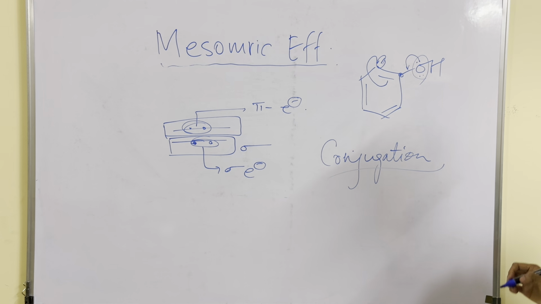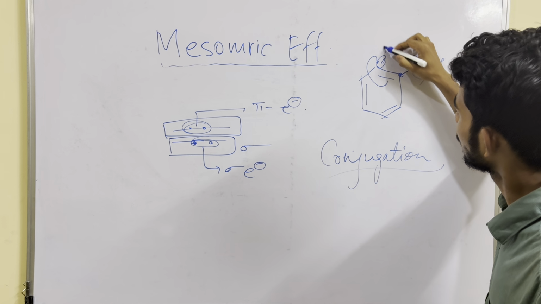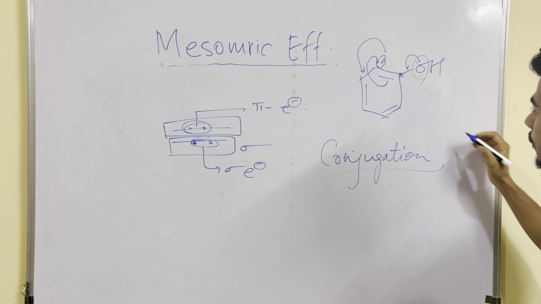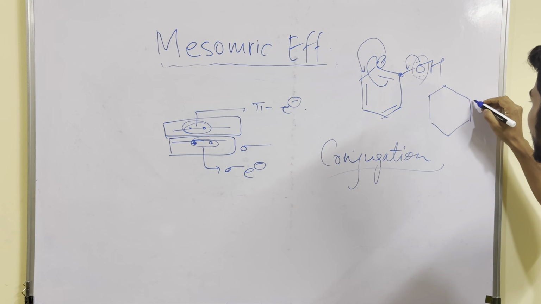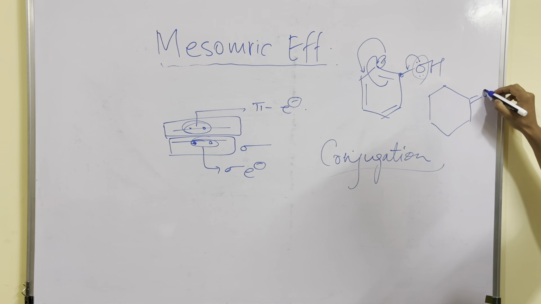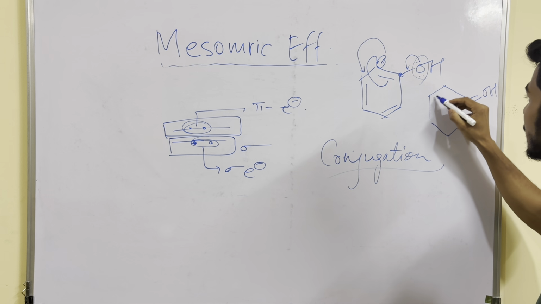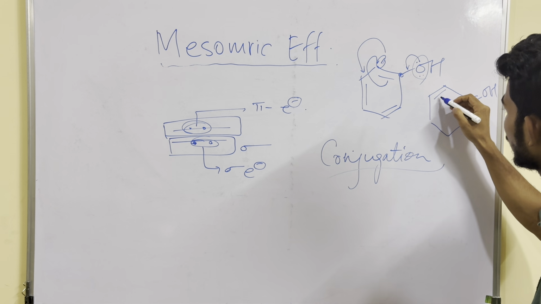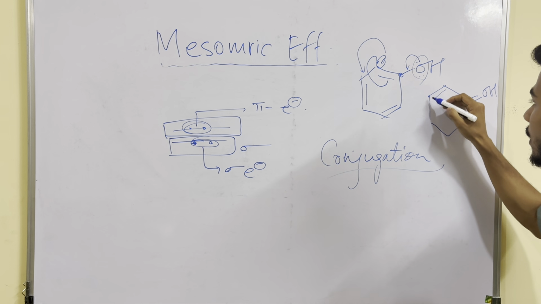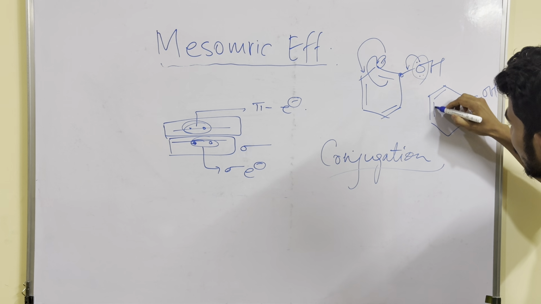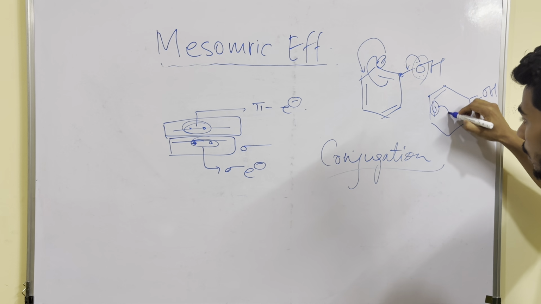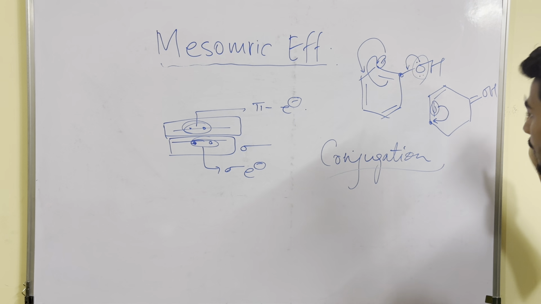In the next step, this negative charge will go on that bond, and ultimately the structure will be like this. Here you will see a double bond, and when this double bond comes here, this carbon will now have 5 bonds. So the pi bond electrons will go to that carbon.